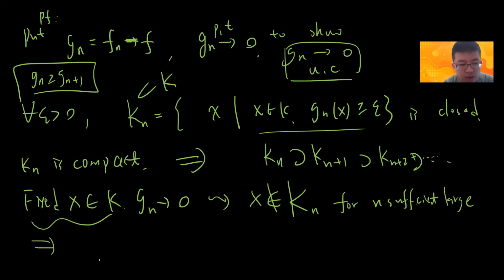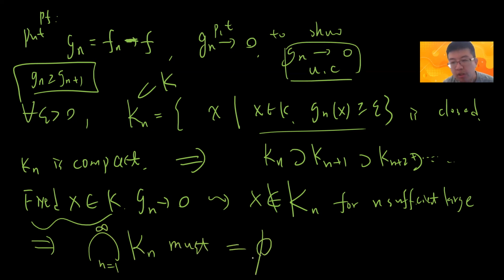So which tells you that the intersection of all these Kn from 1 to infinity must be empty, right? But there's a theorem that we proved in the compact section: if you have a nested sequence of non-empty compact sets, the intersection should be non-empty.